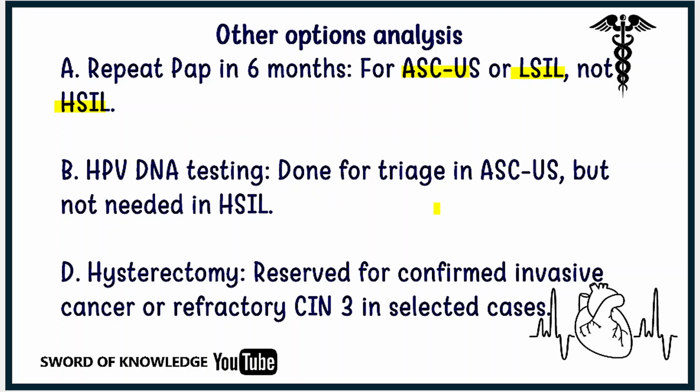HPV DNA testing is also done for cases of ASCUS or low-grade squamous intraepithelial lesions, but it is not needed in HSIL. And option Delta is hysterectomy, which is reserved for confirmed cancers or refractory CIN 3 in selected cases.